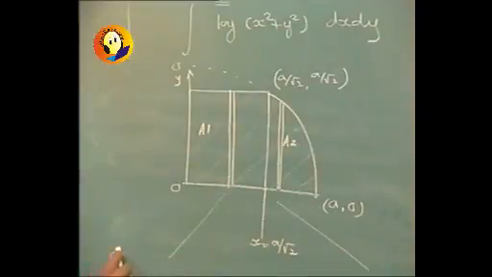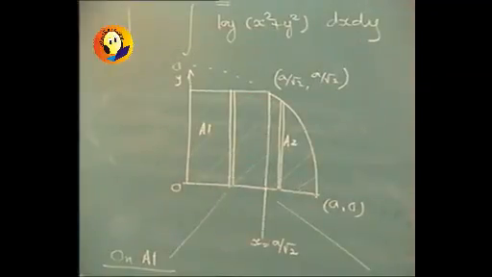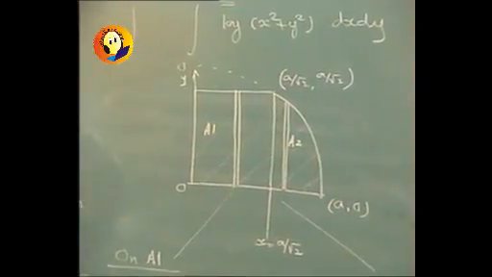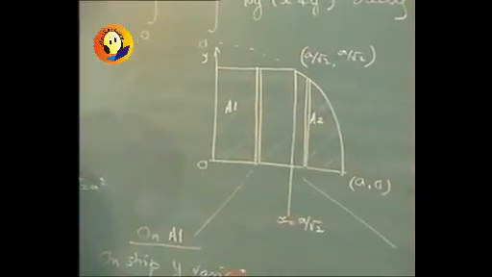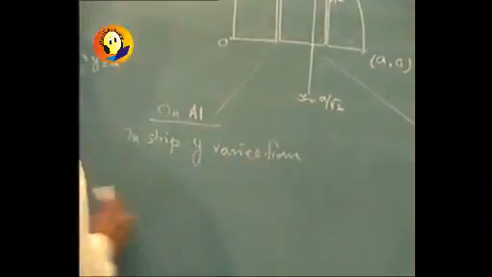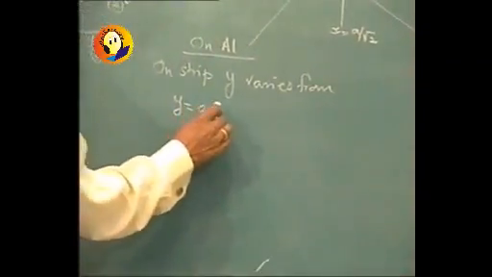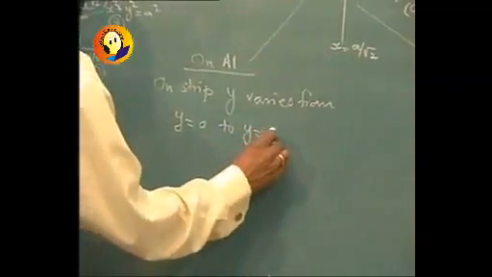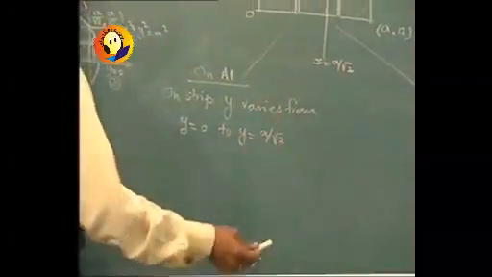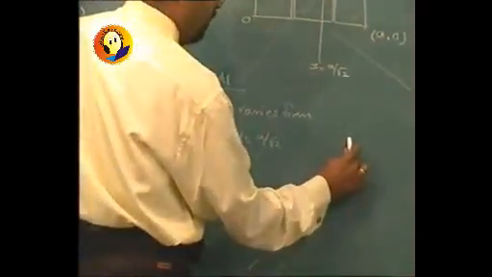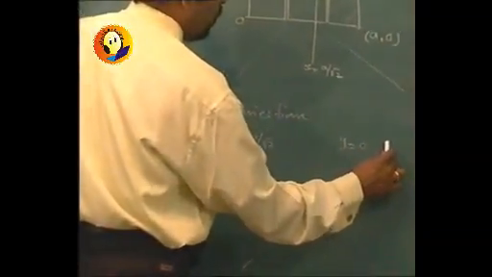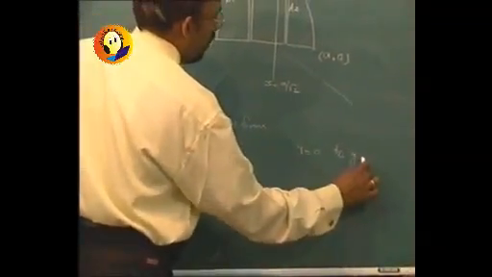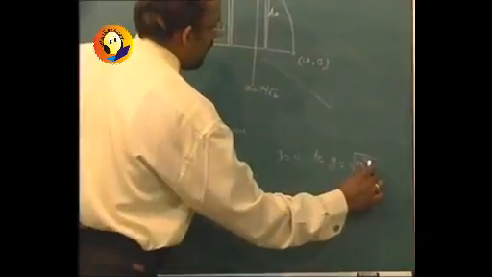So on area 1, on the strip y varies from y equal to 0 to y equal to a upon root 2, whereas over here y will vary from y equal to 0 to y equal to under root a square minus x square.